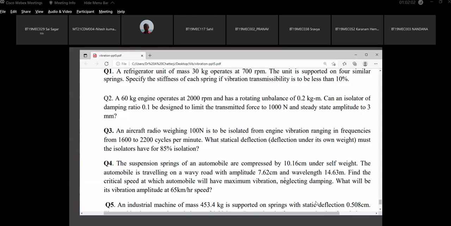See, a negative frequency ratio you can never take. Two possible means one is positive, one is negative. Negative you can never take. There cannot be two different positive values for frequency ratio.